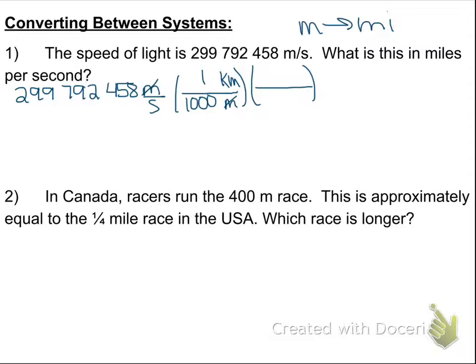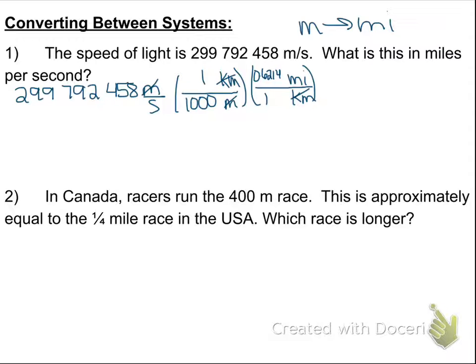We want to be left with miles. So we also want our kilometers to cancel out. Currently it's in the numerator, so we also need it to be in the denominator, and we want to relate it to miles. So I'm going to use the conversion factor that says 1 kilometer is 0.6214 miles. So then our kilometers will cancel out.